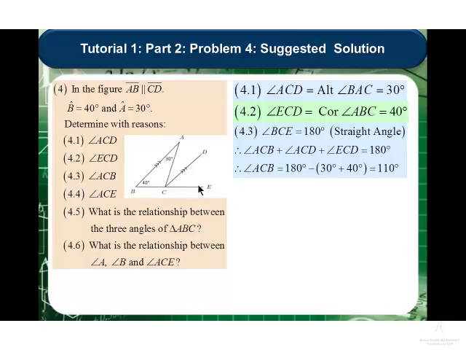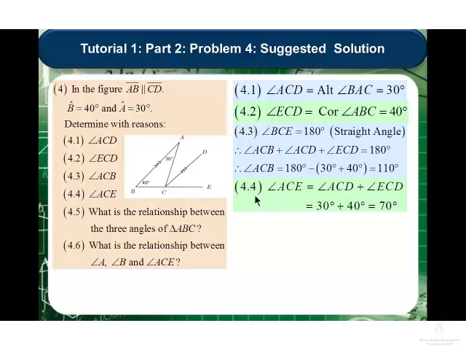So we know that BCE is 180 degrees, a straight angle, and we already have two of these three angles, and it's just a matter of finding the third one, the angle BCA or ACB. We subtract the sum of the two angles we already have, namely 30 and 40, from 180 degrees, and that gives us the angle ACB equal to 110 degrees.